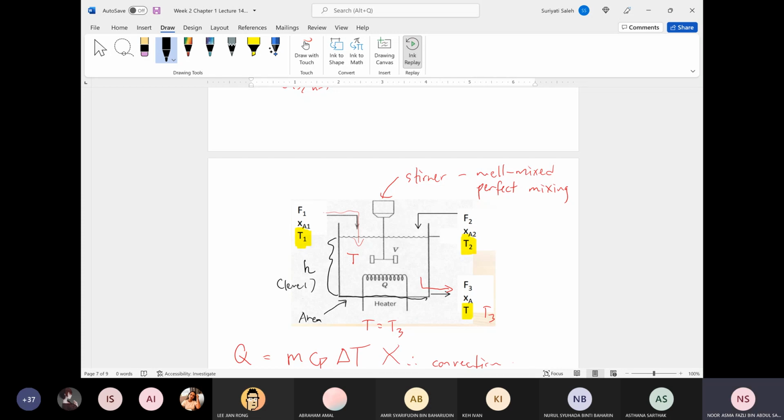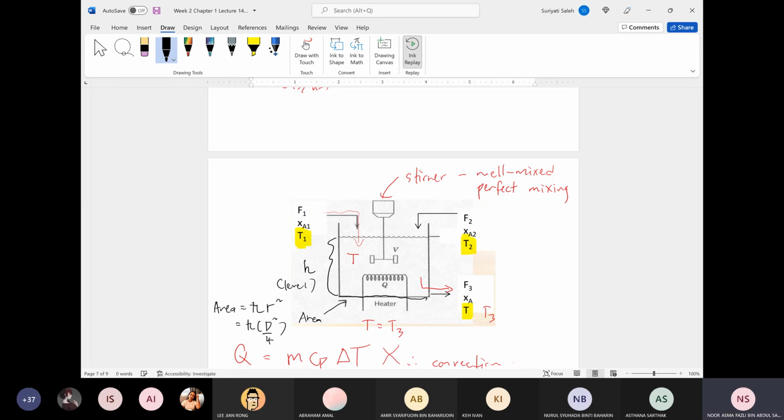When you don't need mixing, you just store the liquid, then you can use the square if necessary. But if it involves mixing, in order to have proper mixing of your liquid, we use the cylinder, where the area is normally represented by pi multiplied by the radius squared, pi r square, or pi d square over 4.